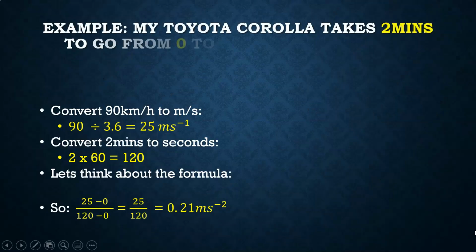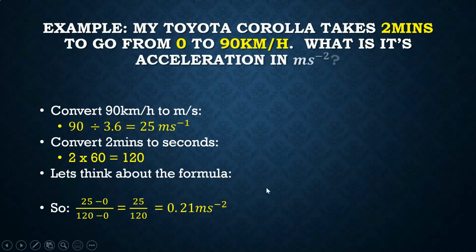So, my formatting hasn't worked, but I'll talk you through it. My Toyota Corolla takes 2 minutes to go from 0 to 90 kilometers per hour. What is its acceleration in meters per second squared? First up, I need to convert 90 kilometers per hour to meters per second. So, as per the previous slide, we go 90 divided by 3.6 equals 25 meters per second.